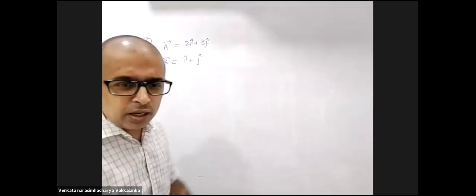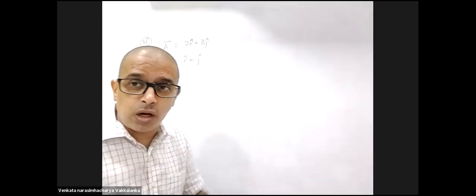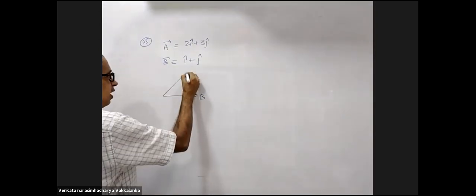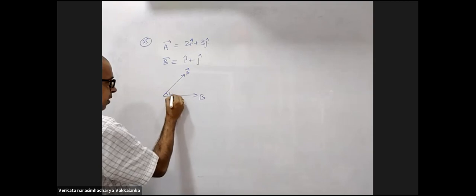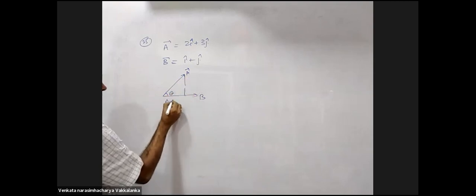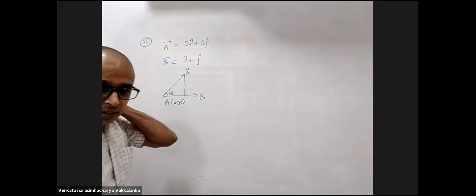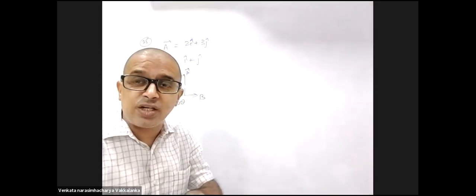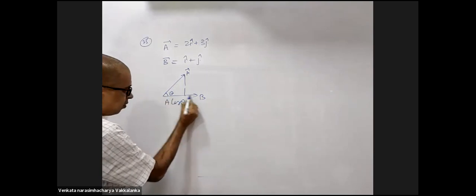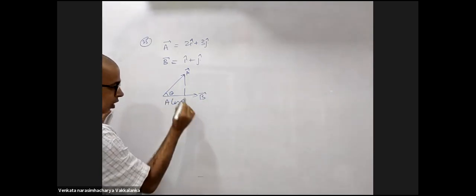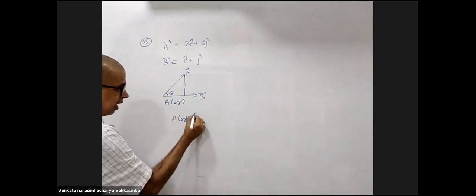Now you want the component of A along B. Component of A along B implies your requirement is A cos theta. But you want it with direction. Can you tell me what is the direction of this?